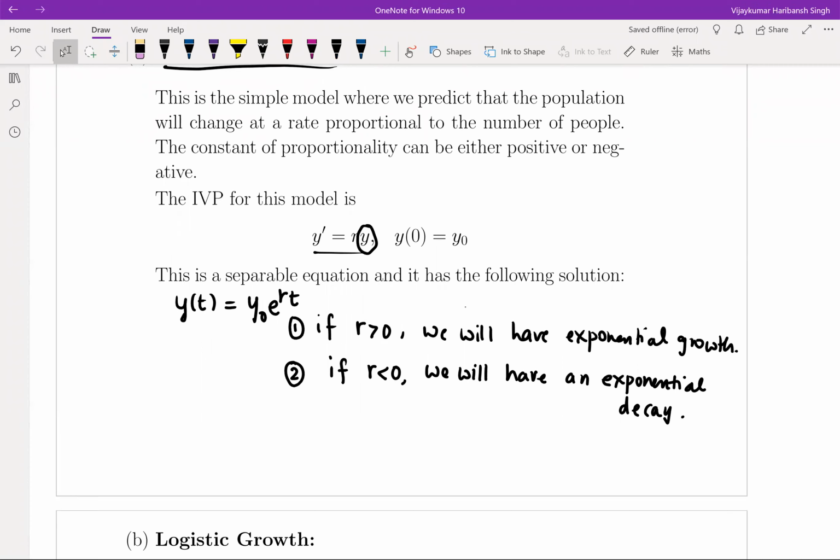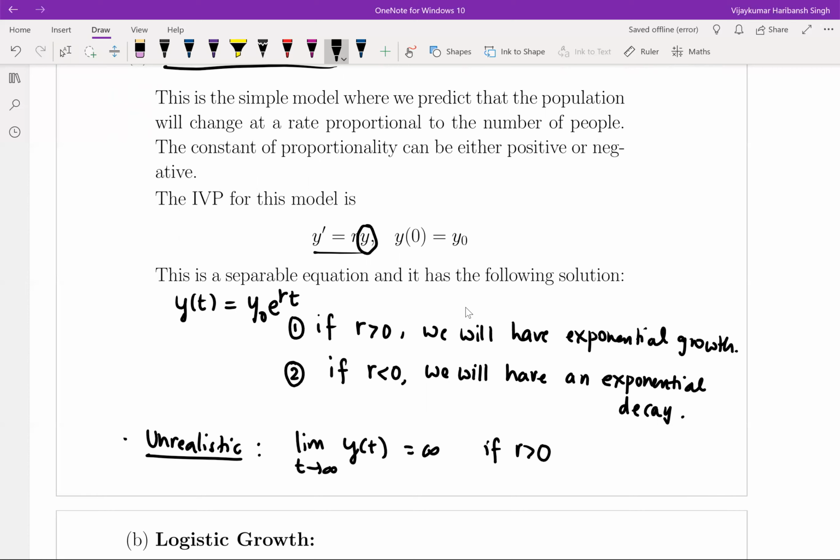Now, this is the most basic model. Now, this model is unrealistic. Why is it unrealistic? Because if you take the limit as t goes to infinity of the solution, you will get infinity if r is greater than 0. This doesn't really happen.